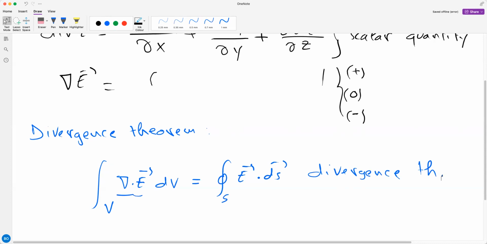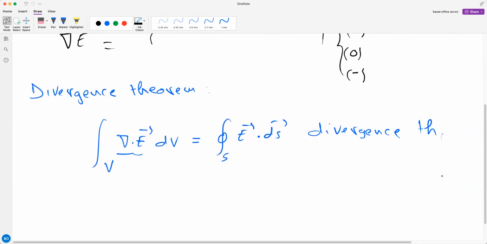The divergence theorem tells us that the volume integral of the divergence of vector E over a volume V can be calculated as the flux of the electric field through the closed surface that contains volume V. For example, if we wanted to calculate the divergence of an electric field inside a sphere, we just calculate the flux of the electric field that goes out of the surface.